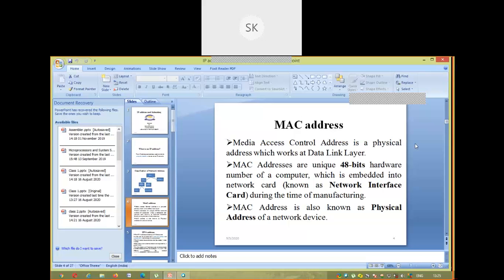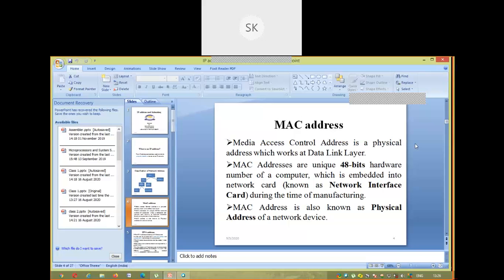Each and every NIC card has a unique address, and that address is 48 bits in length, written in the hexadecimal number system.